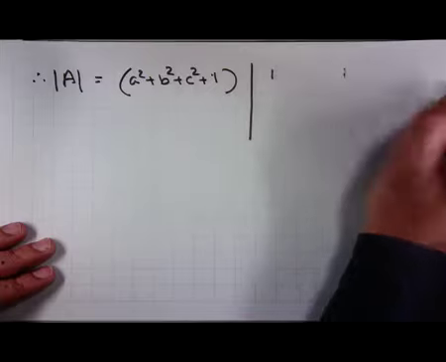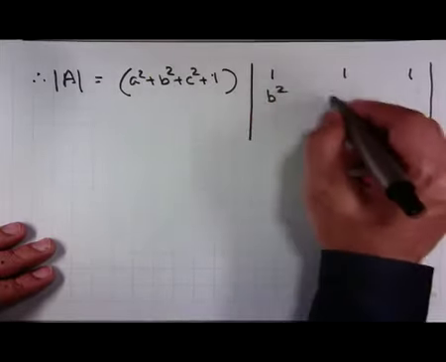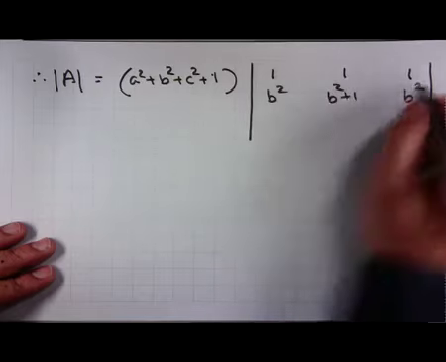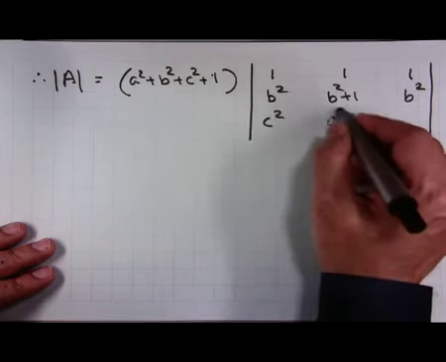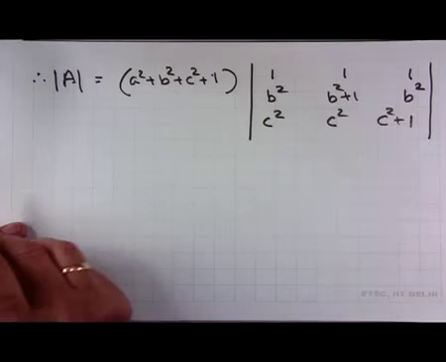1, 1, 1; b square, b square plus 1, b square; c square, c square, c square plus 1.